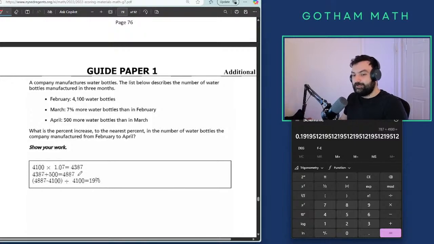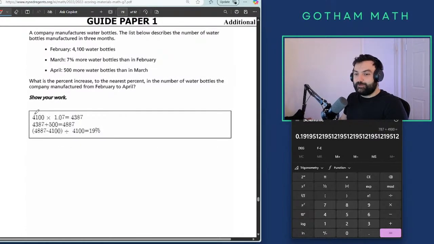Someone is very advanced here, did 1.07, added, and then did this in one. This is someone who knows how to do it very well and efficient. That's okay.